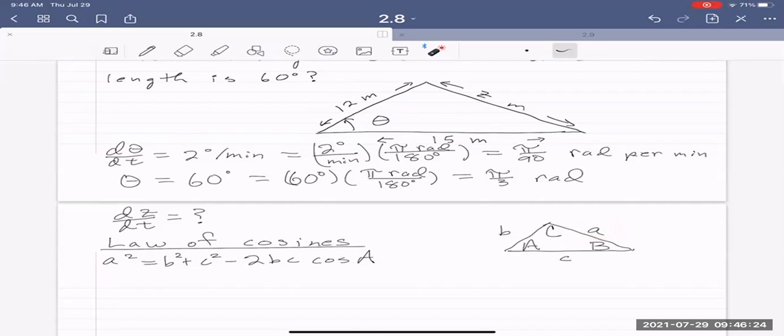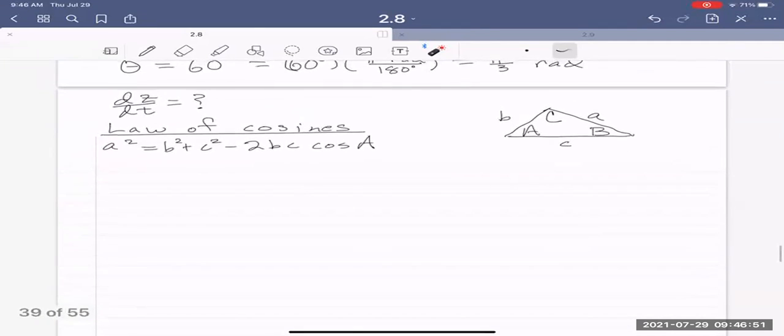And I just want to determine dA dt. So I probably have most everything I need, except I probably also need this length here. Even if I don't, I'll just figure it out. So I probably need that length.